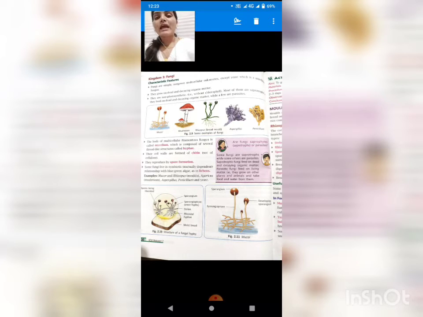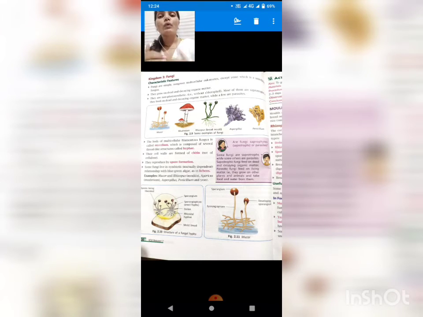If we talk about the characteristic features of fungi, we will see that they are simple, non-green, multicellular eukaryotes. Multicellular means the organism has a very large number of cells, so the whole body of the organism is not completed in a single cell.